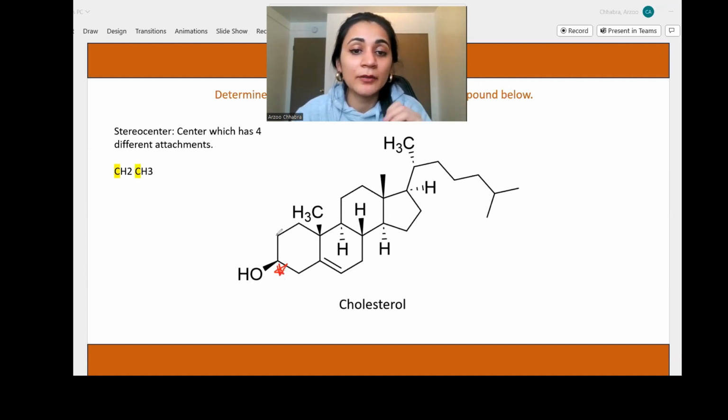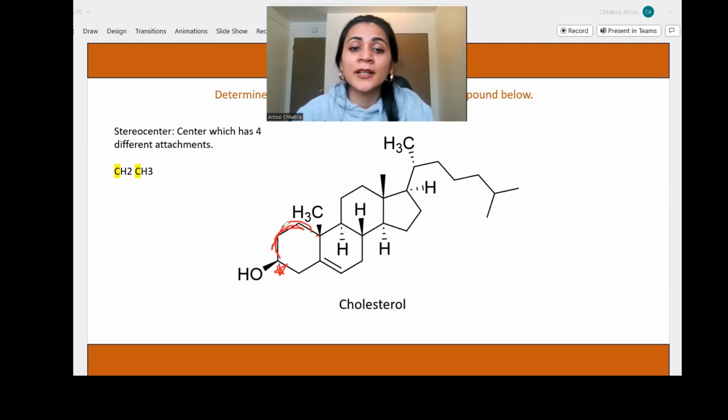Okay, we already disregarded this one as a stereocenter, and this one as well. Let's think about this one, right? So this carbon center has 1 attachment on the left and 1 attachment on the right, and they're very different because if you go to the right, the first attachment center has this branching coming off, which is not the same as the attachment on the left.